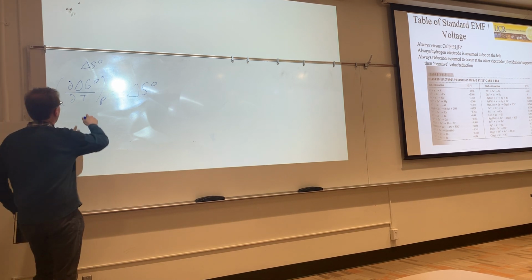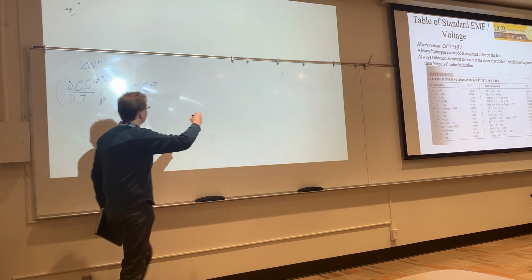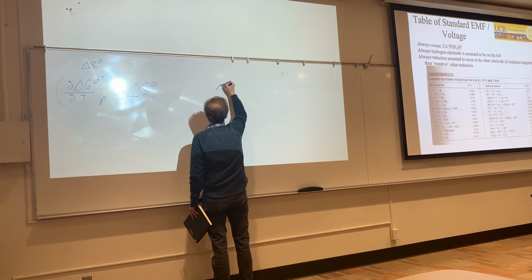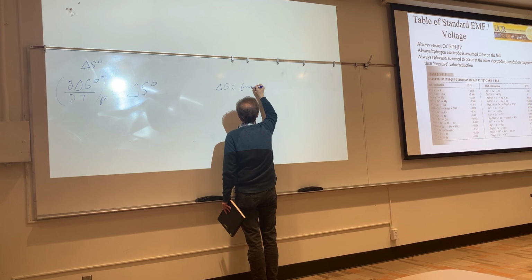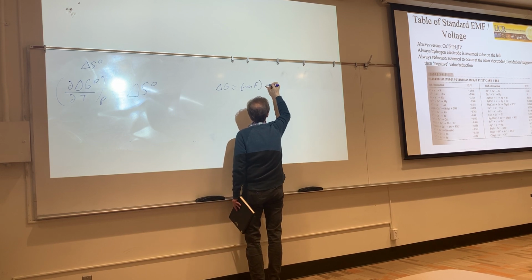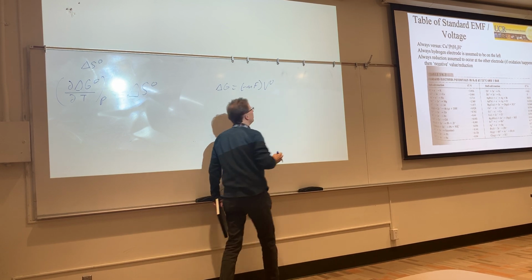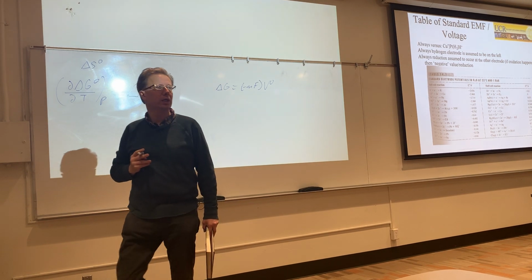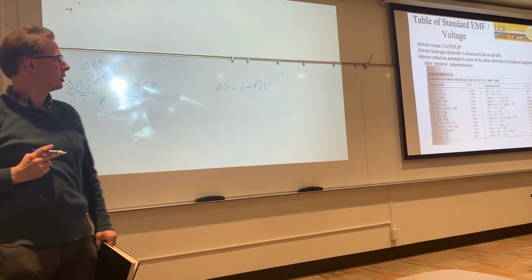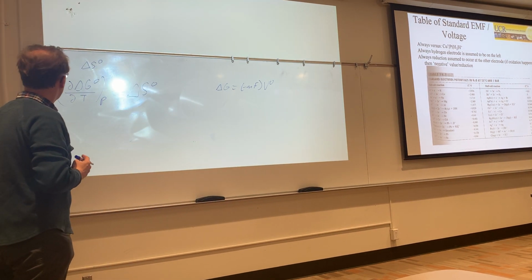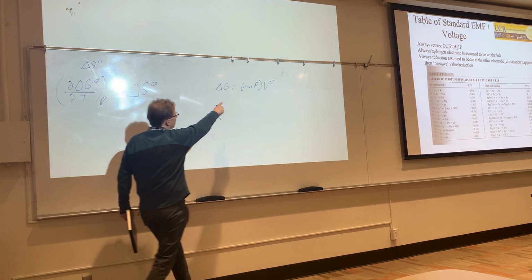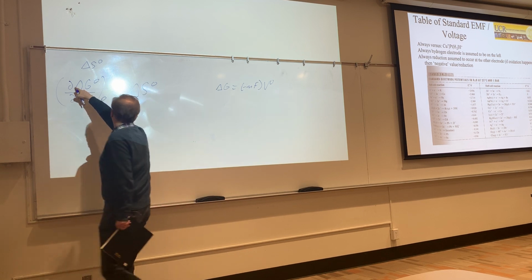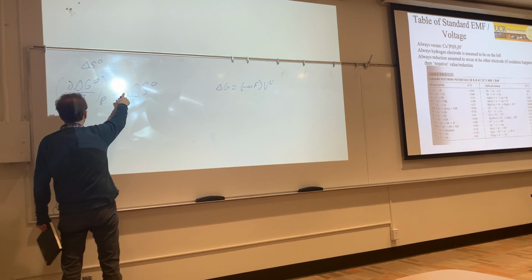This delta G is of course minus NF times the V of that reaction, the voltage under the standard conditions of that reaction. So I'll put this in. I'll put something with a minus sign in here, and I have another minus sign over there, so they cancel.